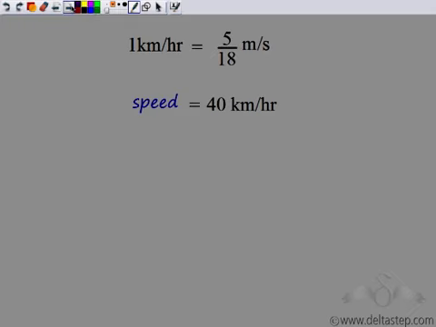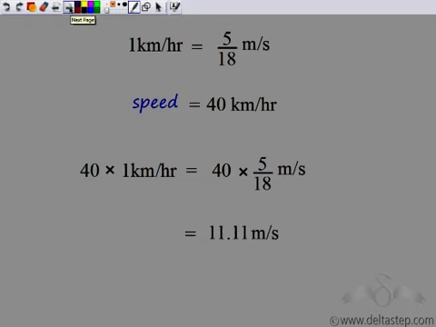So 40 kilometers per hour would be 40 times 5 by 18, which is actually equal to 200 by 18 meters per second, which on further division gives me 11.11 meters per second.